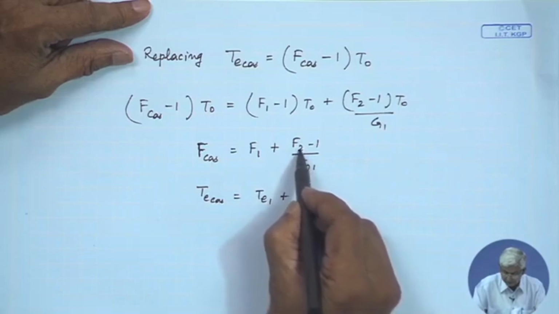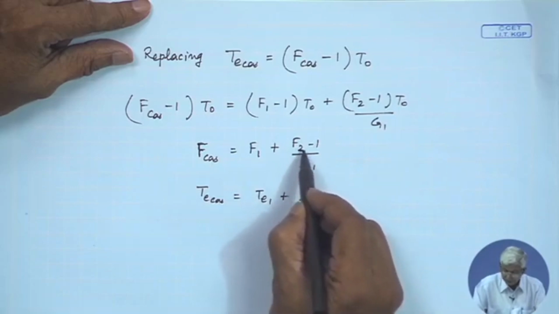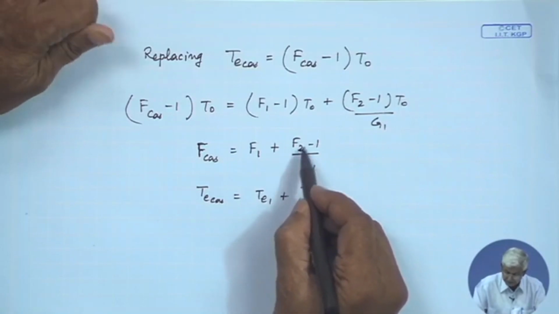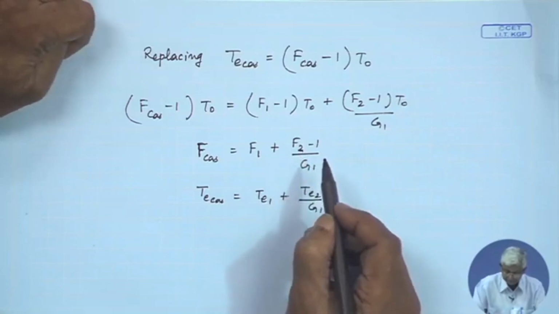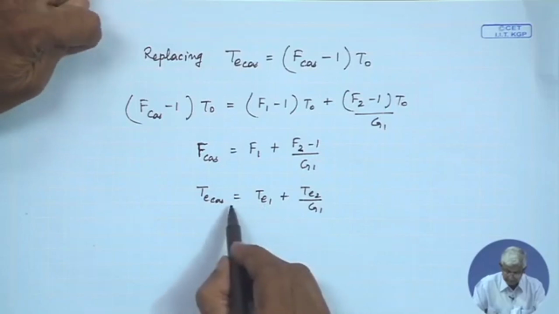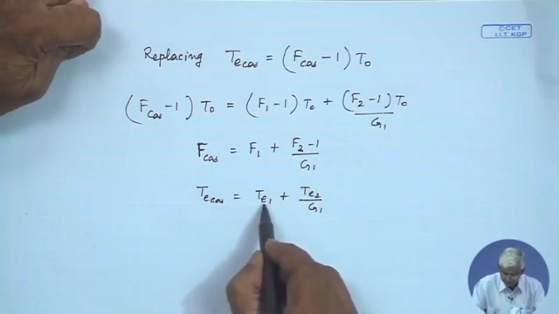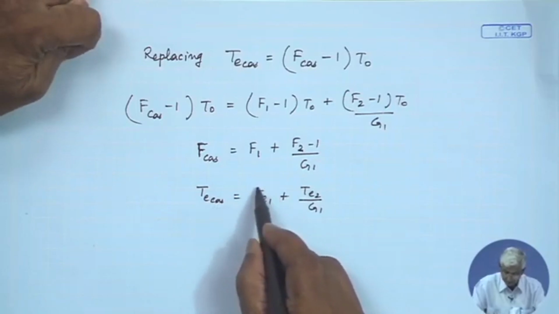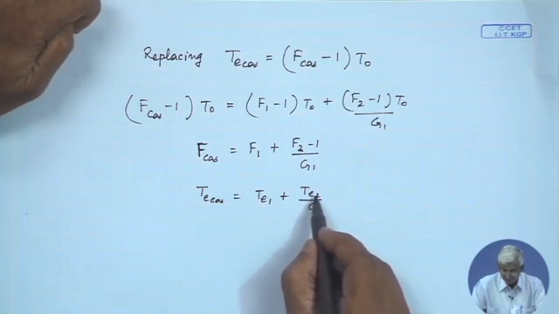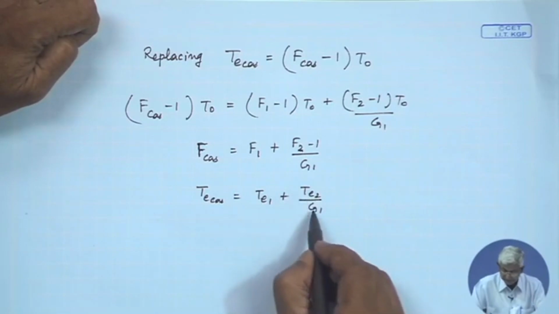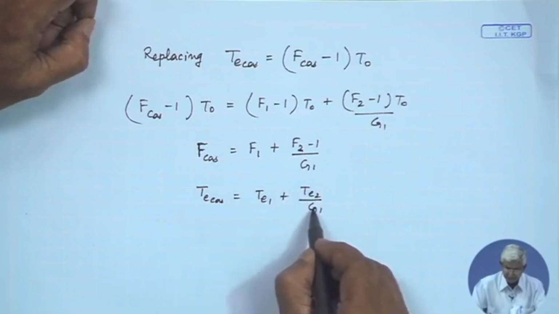So, the second stage noise figure will get reduced since it is divided by the gain. Same thing, the first stage noise temperature should be low and the second stage noise temperature is not that critical because it is divided by the gain. So, first stage gain can be moderate to high.